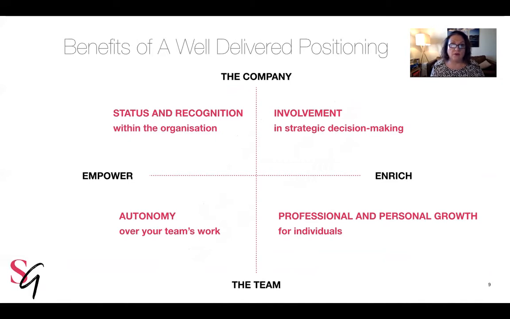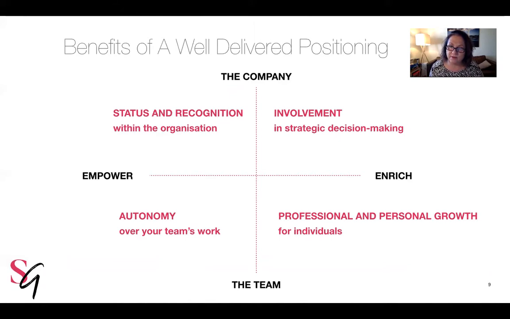I don't know if you want to tap into the chat box here: what would be the benefits for you, the way you see it, of a well-delivered positioning in terms of any of these four? What would it mean for you? How would it look? If you want to tap in some answers, that would be brilliant. As I say, there's a bit of a delay, but I'll read them out if you can't already see them.